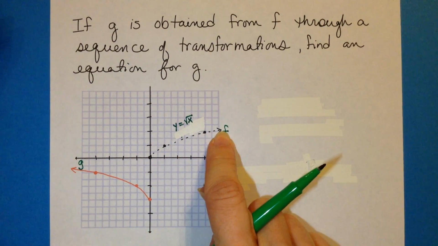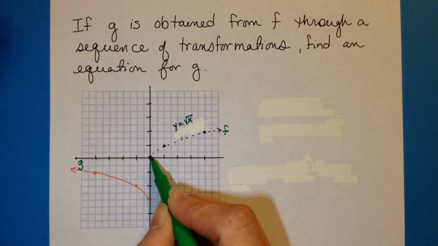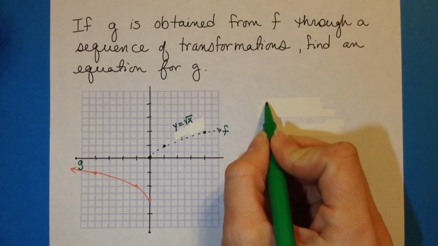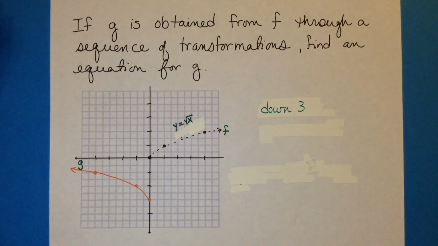That's that basic shape of that function that I gave you in your notes when we got started. Now you've got to decide what has happened to this to get this graph. And first of all, just looking at this one point, you notice this point has been shifted down 3 units. So the fact that it's gone down 3, that would tell you one particular transformation that has happened.